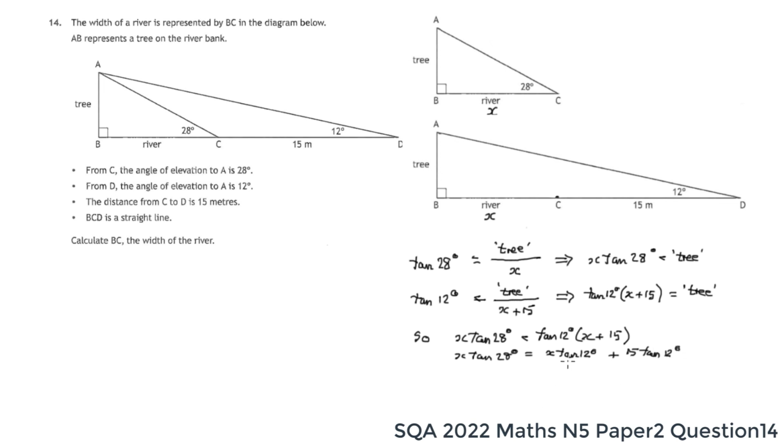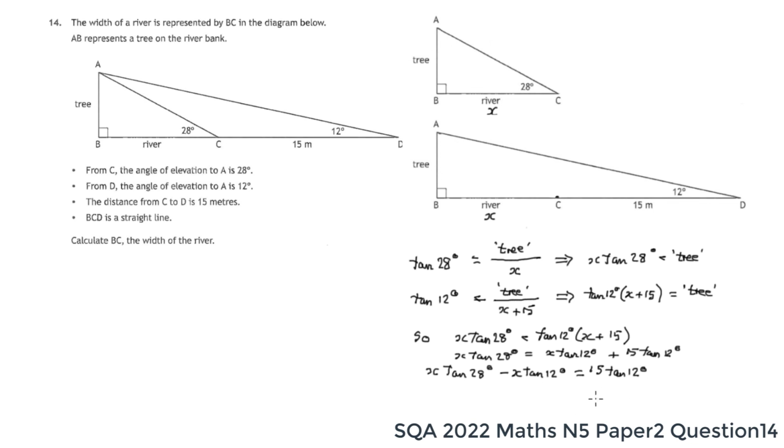And let's try and get these x's together. So we're going to subtract x times tan 12 from both sides. So the left hand side will have x times tan 28 minus x times tan 12. And that's going to be equal to, we've got rid of that x times tan 12, 15 times tan 12.